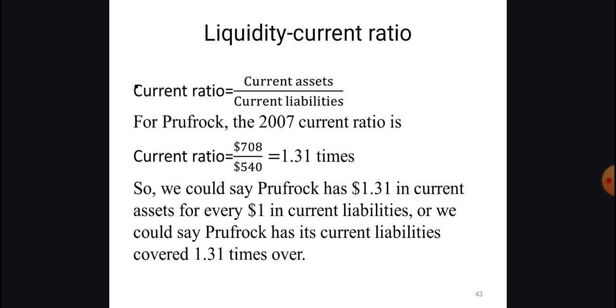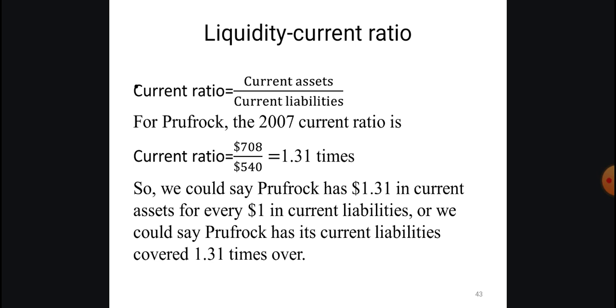If we take the Prufrock company in 2007, if you can refer back to these values, the current ratio is simply the current assets, which is 708, divided by current liabilities, which is 540, and the result is 1.31 times.